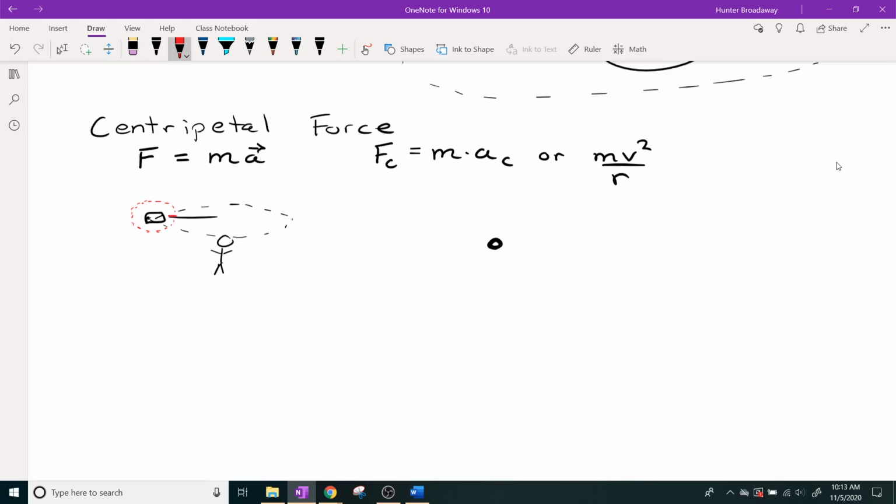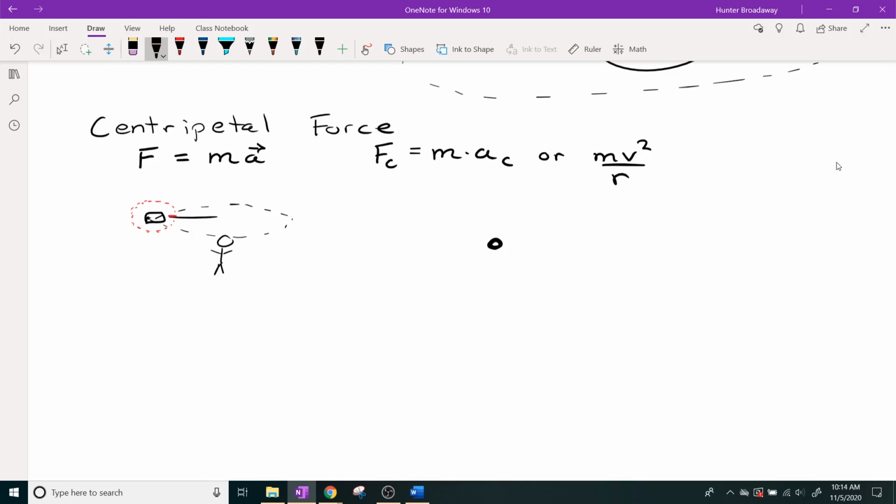So just dealing with the object and the string attached to it, we can make this entire thing one dot like this. What forces do I have acting on this? Since it's just one object, it doesn't have to be balanced forces, because we're not looking at the entire system here. So just this object.